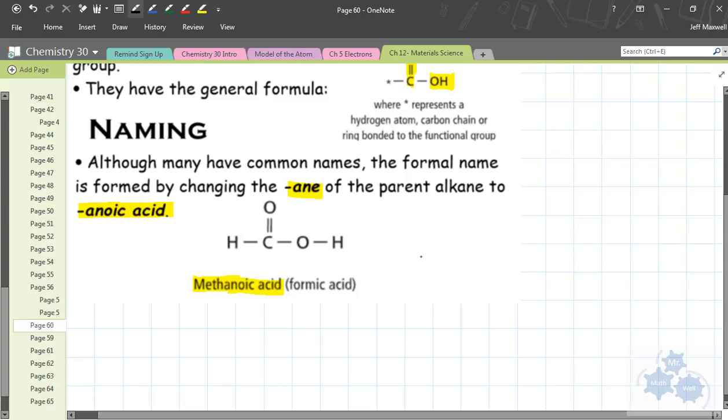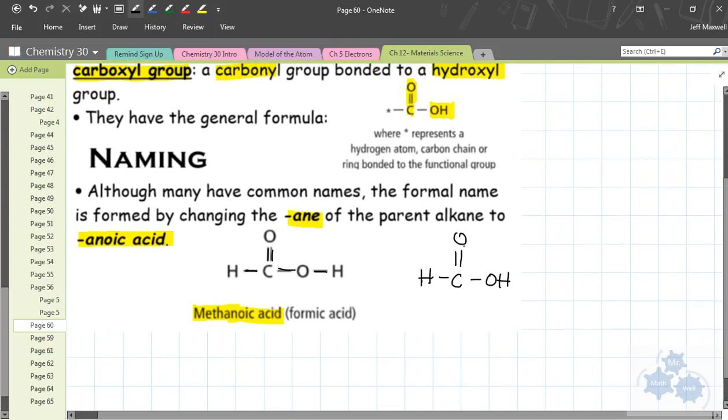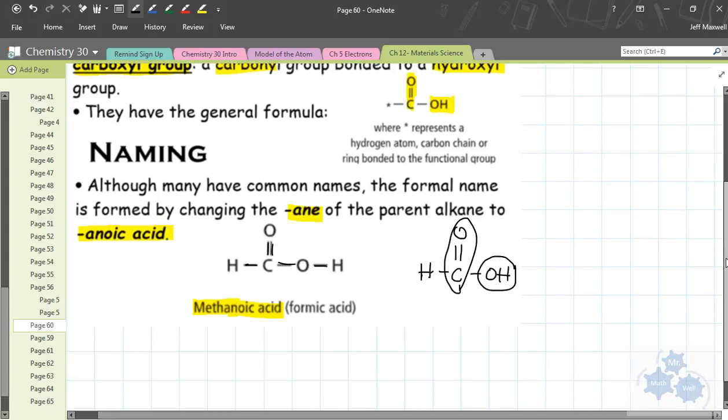Do you mean like this? Are you saying, is this the same thing if it's like this? Yes, yeah. But if we're showing all the bonds here, they'll want to show that bond there as well. So yeah, it's a carbonyl group here, and then your hydroxyl group.